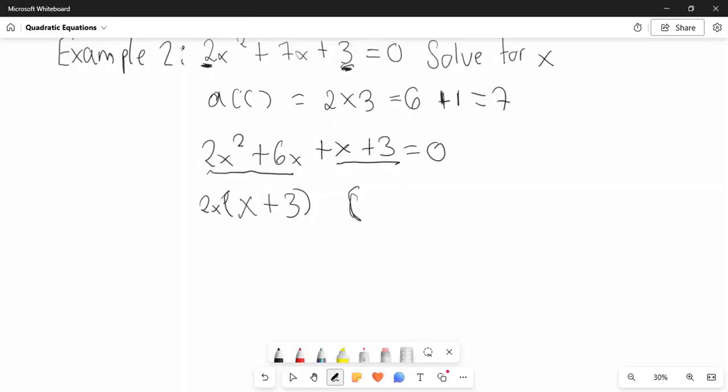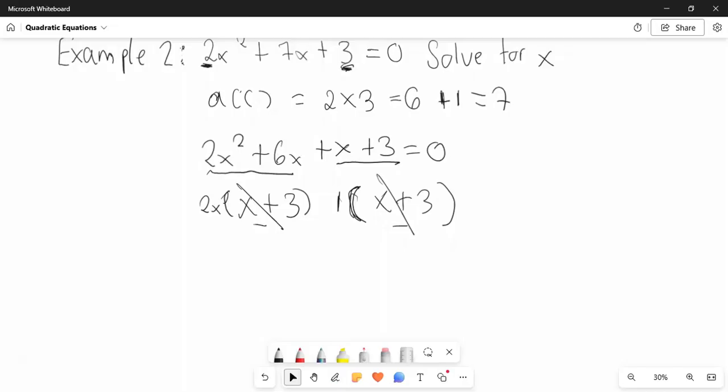Then we make another bracket. 1 is common in the second group, so it's going to be 1 times (x plus 3). Now, we check the two brackets, and if both of them are common, we cancel them out.